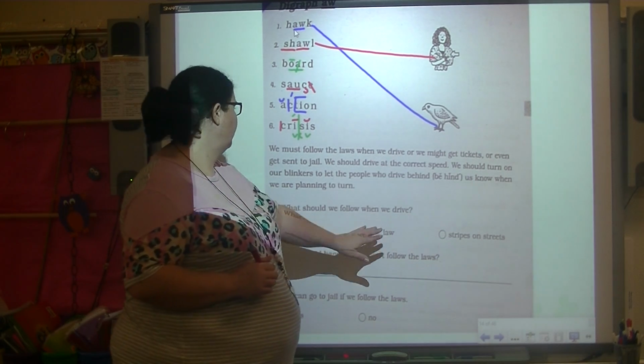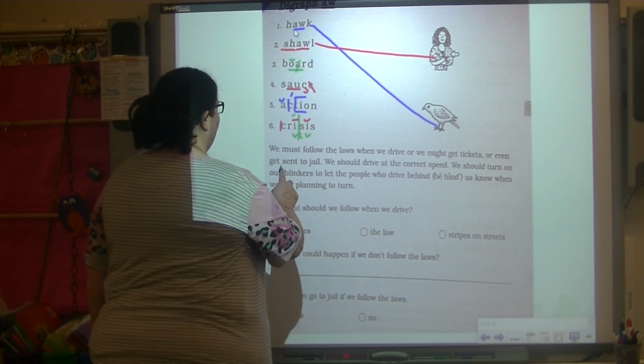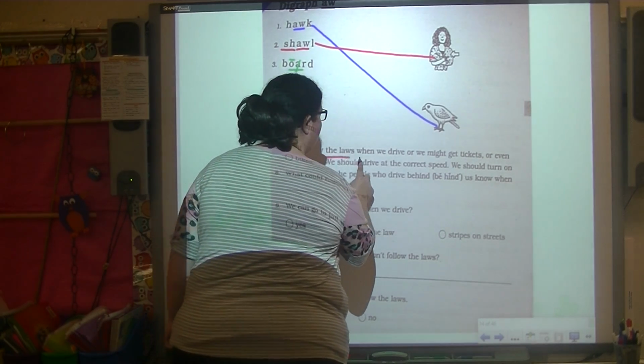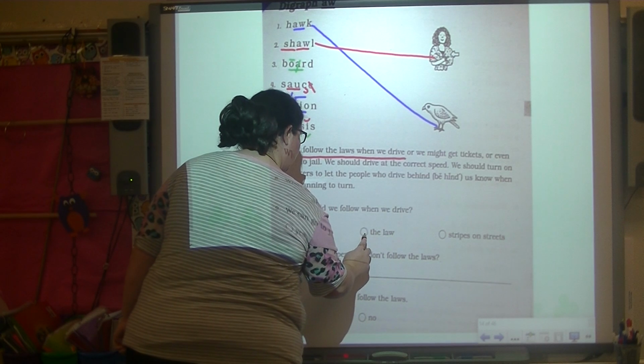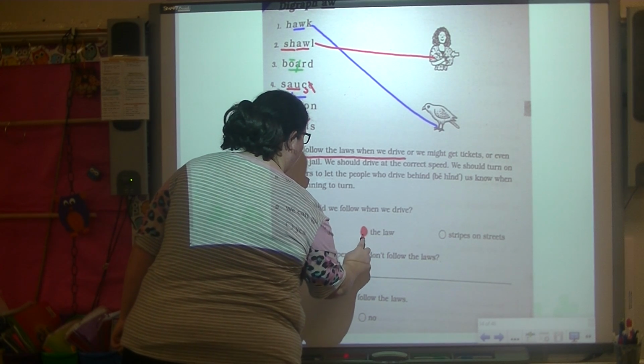What should we follow when we drive? We must follow the law when we drive. So what must we follow when we drive? The law.